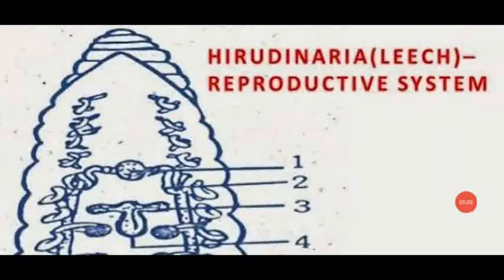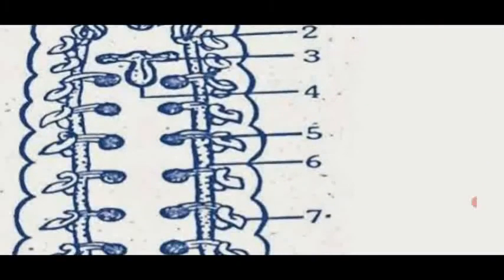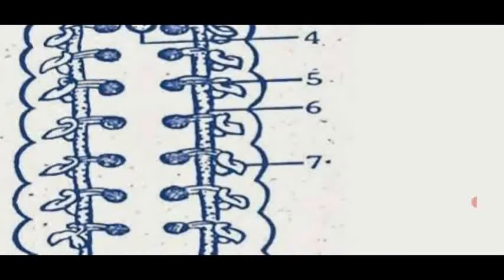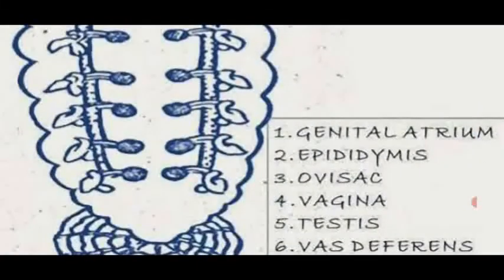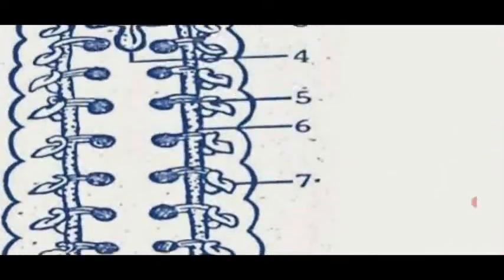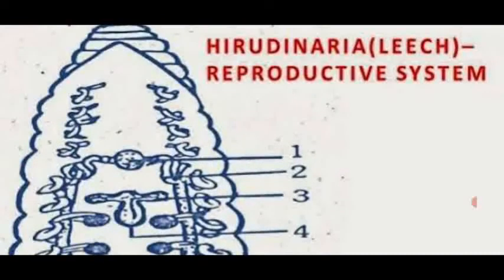Dear students, this is another diagram showing the reproductive system of leech. Hirudinaria granulosa is the binomial name, the zoological name of leech. The first one is the genital atrium, which is part of the male sex organ.